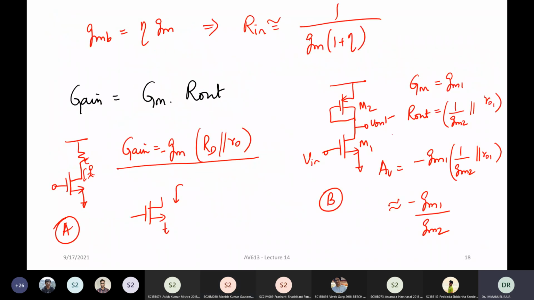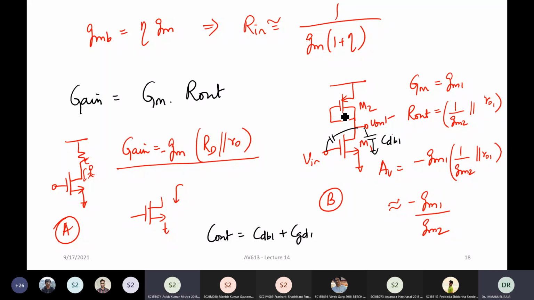Now if you look at this particular circuit, what are the capacitances here? Can you tell me C out for this case? You have CdB1. Then you have CGD1, the Miller effect.